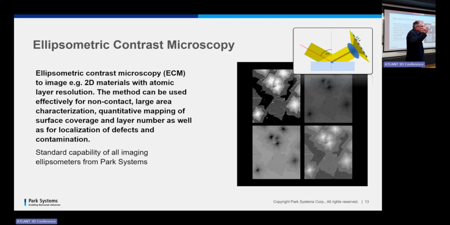We can go to the so-called nulling condition, so no reflectivity from the substrate, and increase the contrast for thin films. Or we can do the opposite. So we can really play with the optical contrast to get the first impression of the image. And the first impression means that, for example, in the case of graphene, we see steps of atomic layers. So it's an atomically resolved method for this type of application.